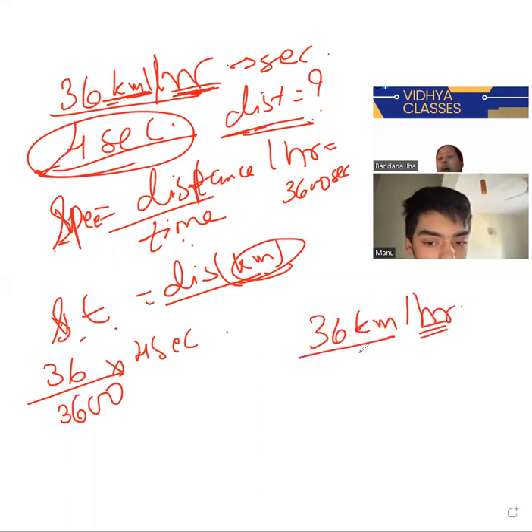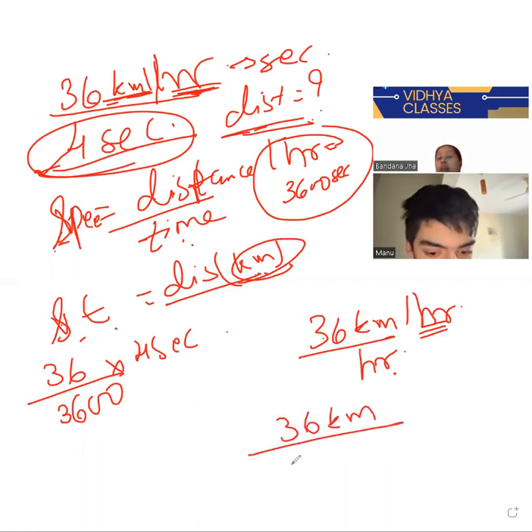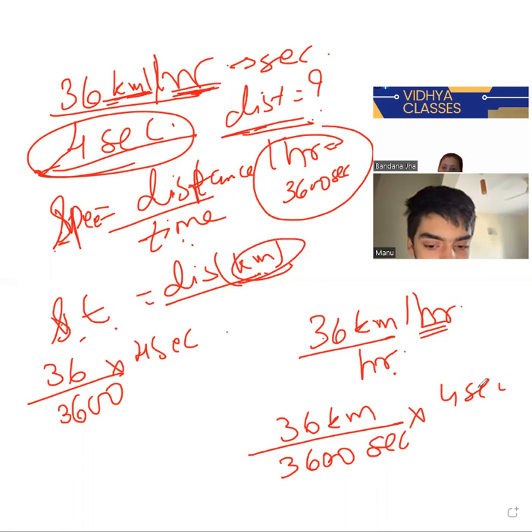Per means divided by hour. 36 kilometer divided by hour, and we know that 1 hour is equal to 3600 seconds, because hour is not my SI unit. So 36 kilometer divided by 3600 second into 4 second.